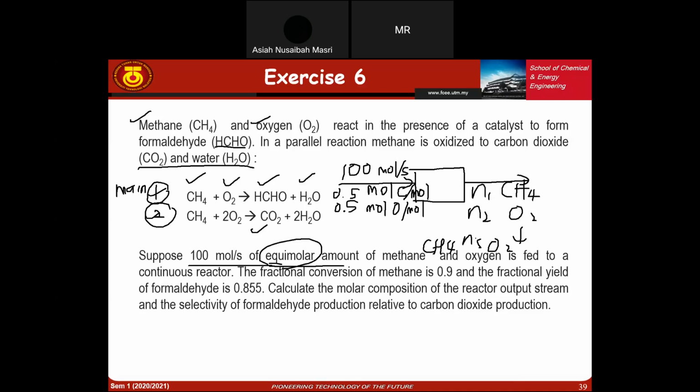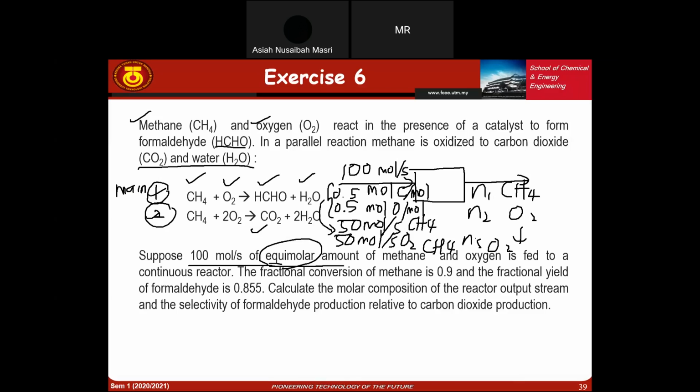Instead of writing in form of composition for the feed, we can also translate this into the flow rate of each reactant. So 100 times 0.5 mole per mole, that will be 50 mole per second CH4. Similarly, the rest is 50 mole per second oxygen. Okay, what else? The information given.